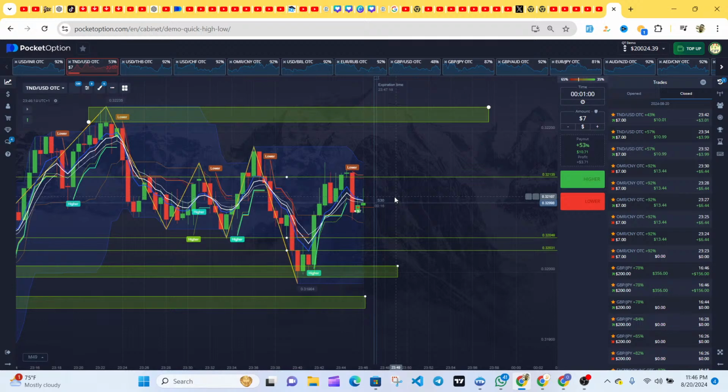Okay. This will be our first losing trade. This will be our first losing trade. That means 9 against 1.